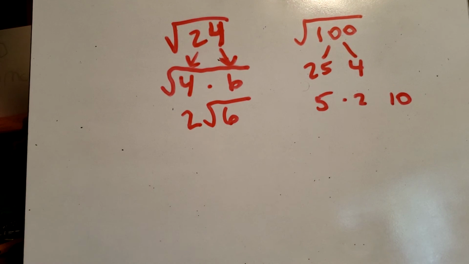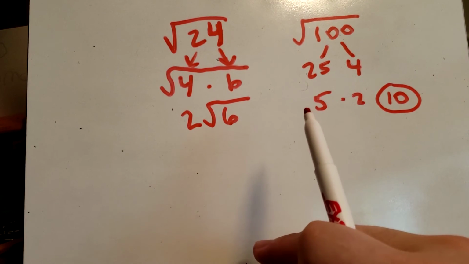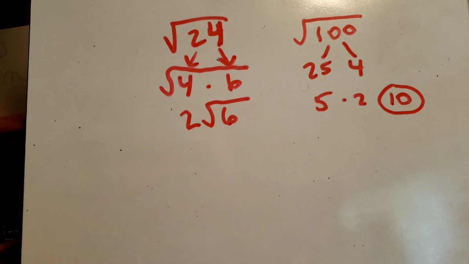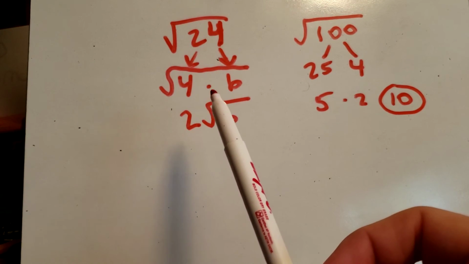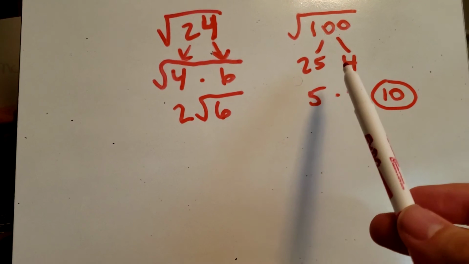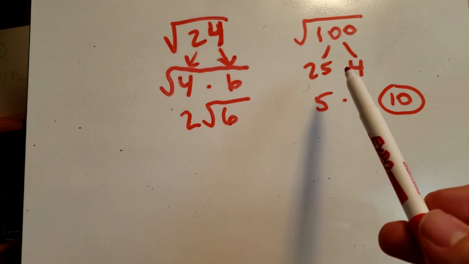And what's the square root of 100? It's 10. You can do this factoring thing and it's still going to get you the same answer you would normally get. So it's a way to either simplify square roots, or to find the answers to regular square roots, maybe if you forgot.